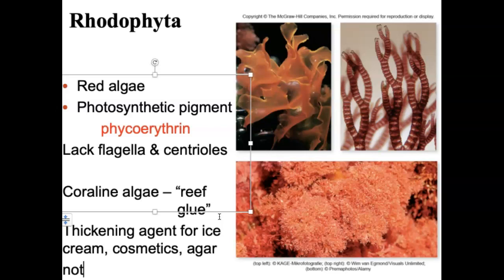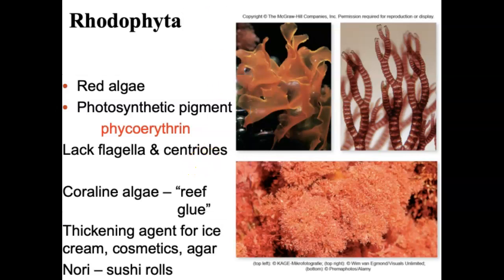Anybody who's a fan of nori, that sushi rolls, that's made often with variations, but different types of red algae and members of the Rhodophyta. So ecologically important, binds things together on the coral reef, photosynthetic, so it's a producer. Those are all the important ecological roles.